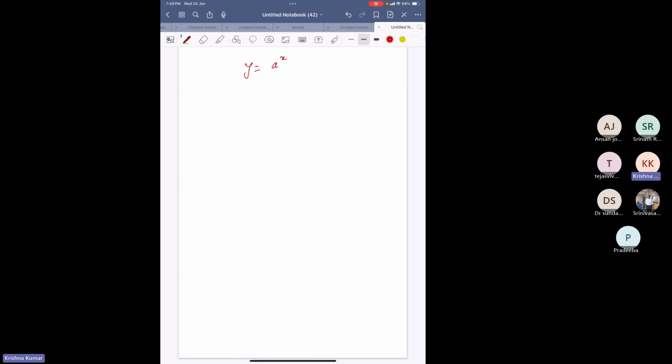Now let us look at this curve. What is the connection between a and x? Let's say that I'm plotting x here and I'm plotting y here. I'm going to do that for various values of a.